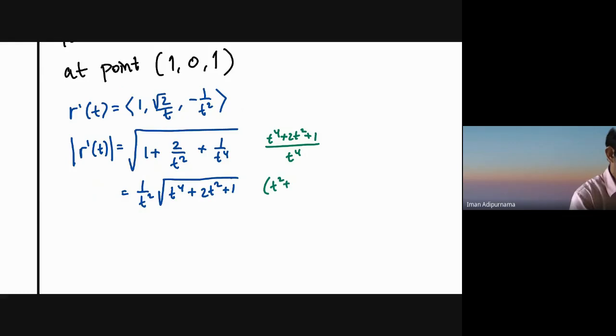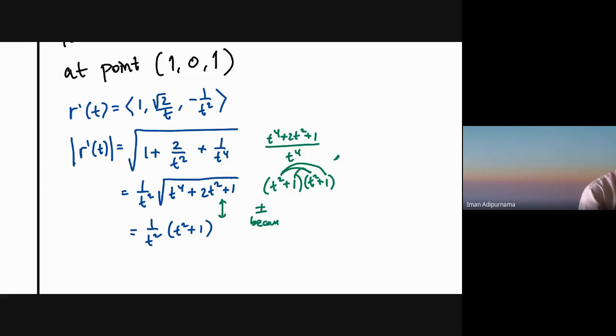So we can have t squared plus 1. Now this is not positive negative, we took positive because t squared plus 1 is always positive, right?